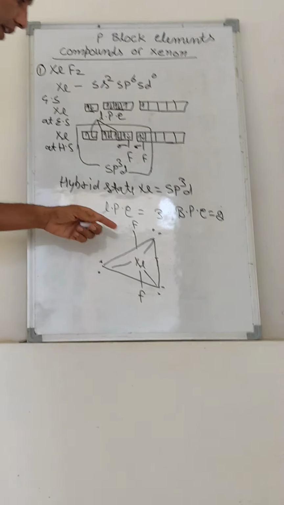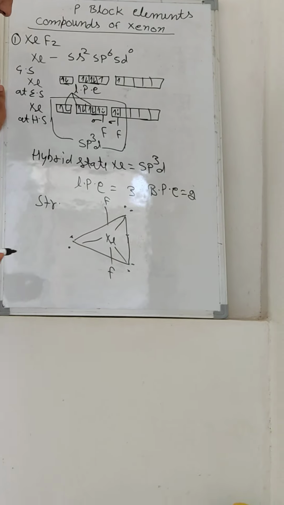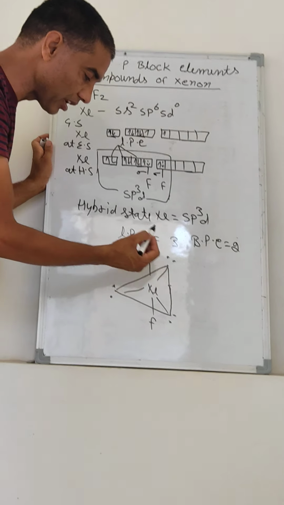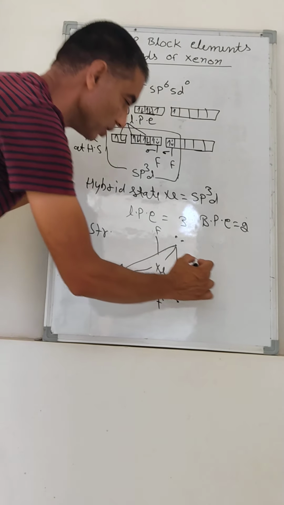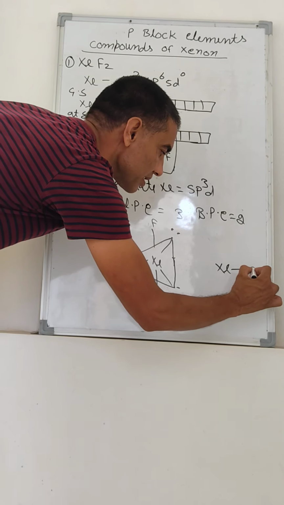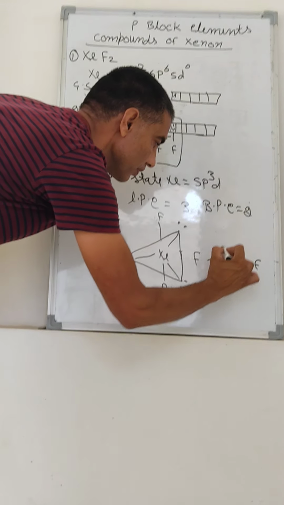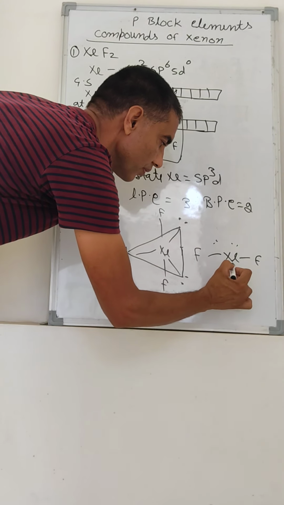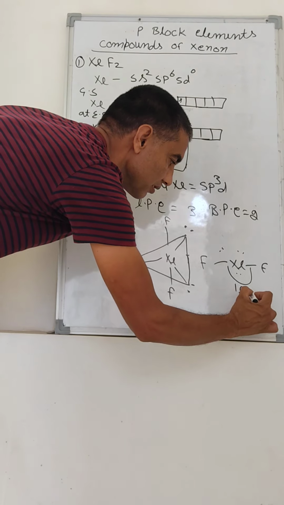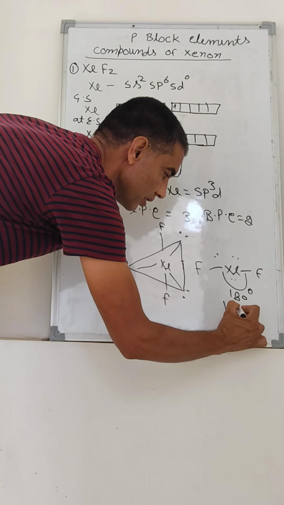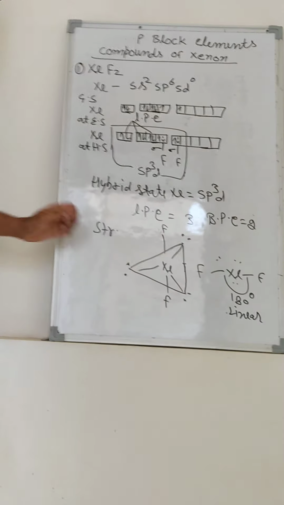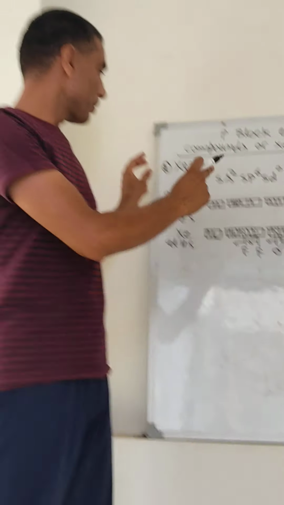The lone pairs occupy the equatorial hybrid orbitals of xenon. So the structure is linear, and the bond angle is 180 degrees. Linear shape.